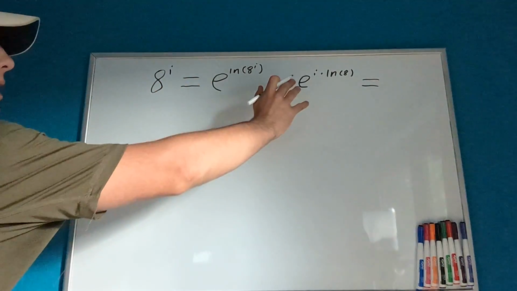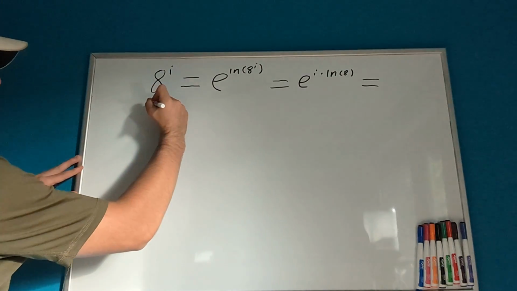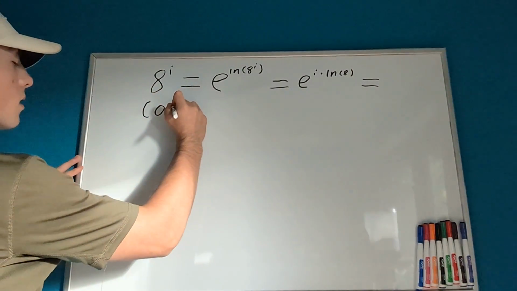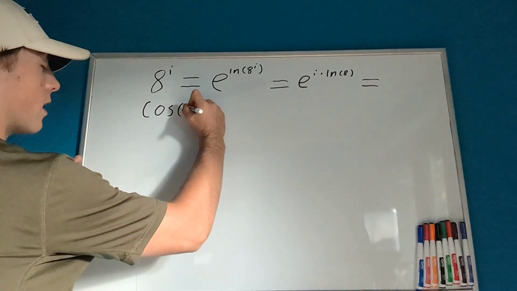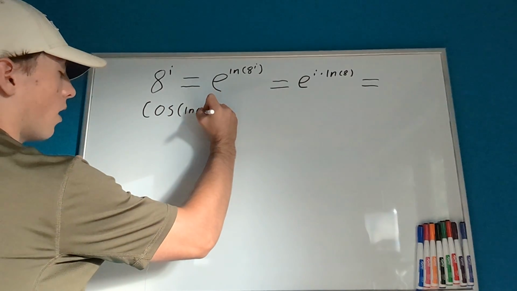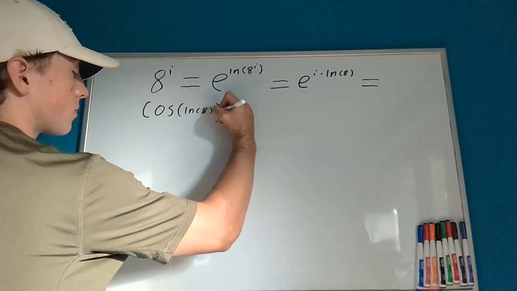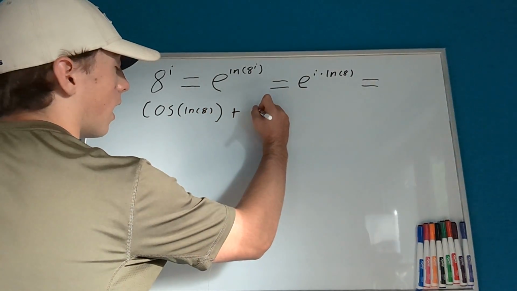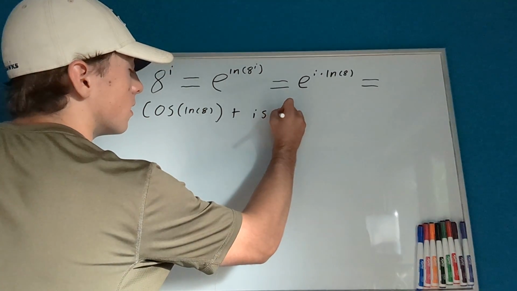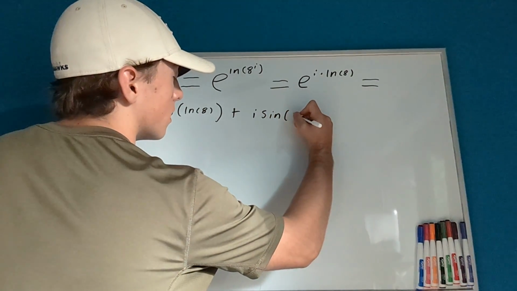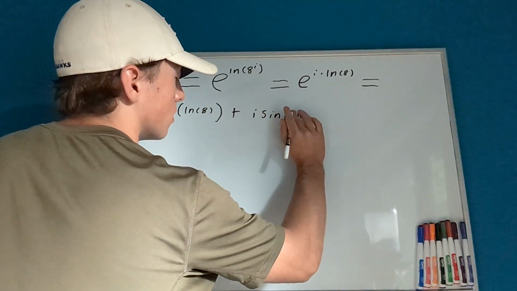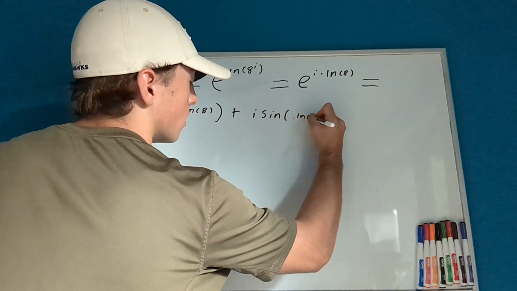So we can convert this to cosine of the natural log of 8 plus i sine of the natural log of 8.